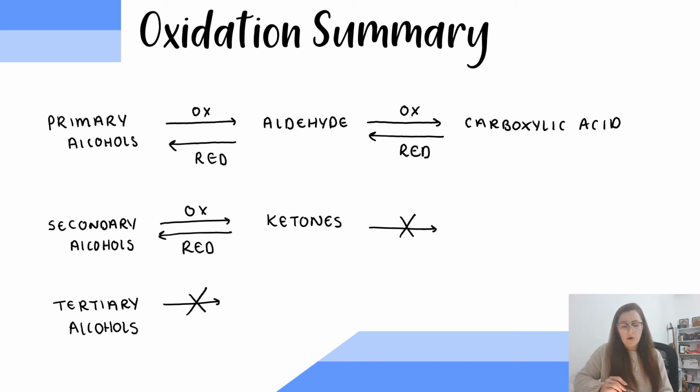So primary alcohols to aldehydes, carboxylic acids, and we can reduce back the way, carboxylic acid to aldehyde to primary alcohol. Secondary alcohols are oxidized to ketones but are not oxidized any further and can be reduced back to secondary alcohols. Tertiary alcohols are not oxidized at all. We will be doing a bigger and more detailed version of this summary, but if you could copy this summary into the space in your pupil notes, and we'll do a separate one in class as well.